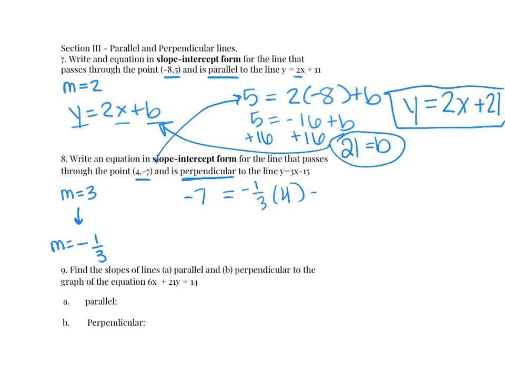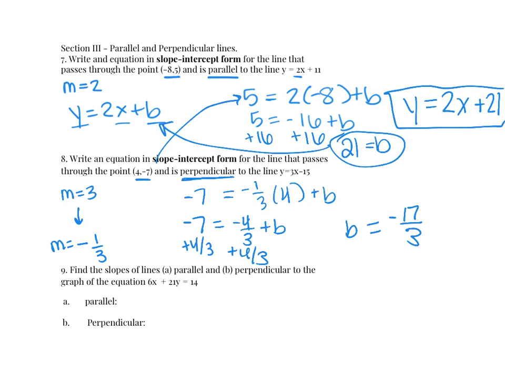Now I'm going to use this information over here, and I'm going to go right away into writing it like this. So I'm going to have negative 7 equals negative 1/3 times 4 plus b. And I'm going to solve for b. Negative 7 equals negative 4/3 plus b. Add 4/3. Add 4/3. That gives me b equals negative 17 over 3.